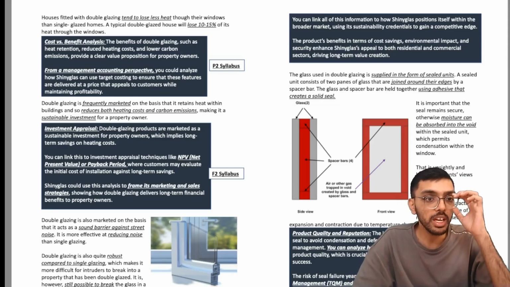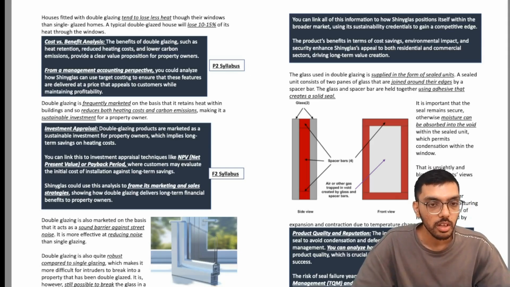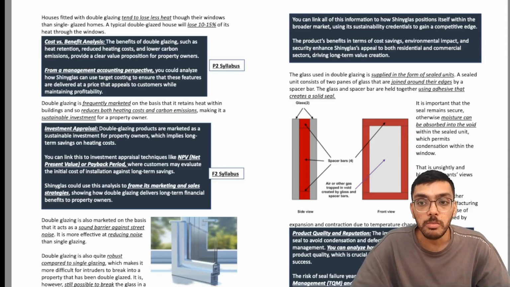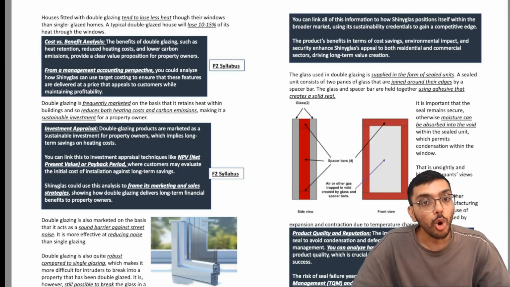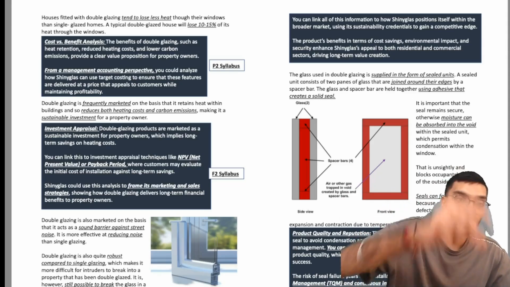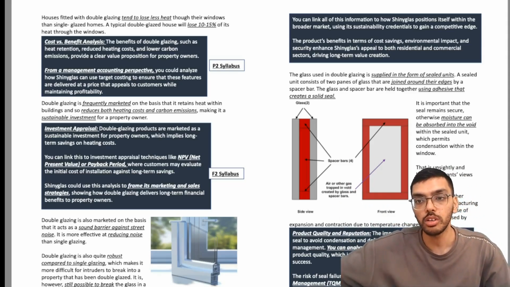If I look at it from the investment appraisal perspective, double glazing products are marketed as a sustainable investment for property owners, which implies long-term savings. So you can link this to your investment appraisal techniques like NPV or payback, where customers may evaluate the initial cost of installation against long-term savings.